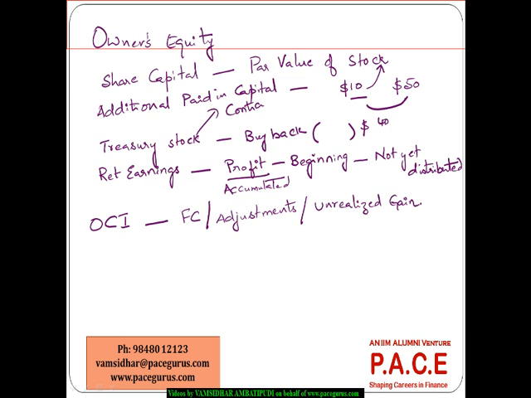Even those are treated as a part of other comprehensive income. All these things would be discussed in detail as we move further, but we are just trying to understand on a broad scale the various entries that go as a part of the different elements of the financial statements.